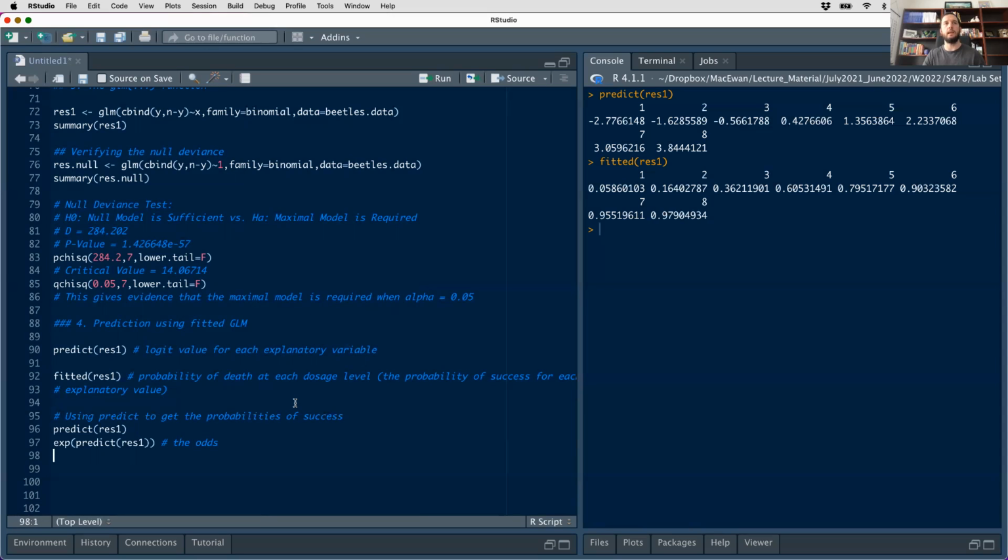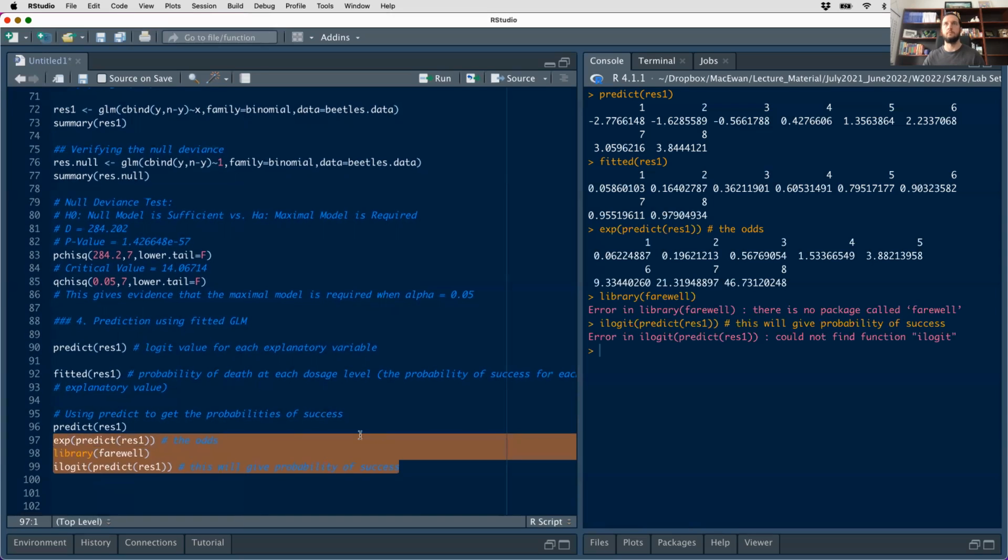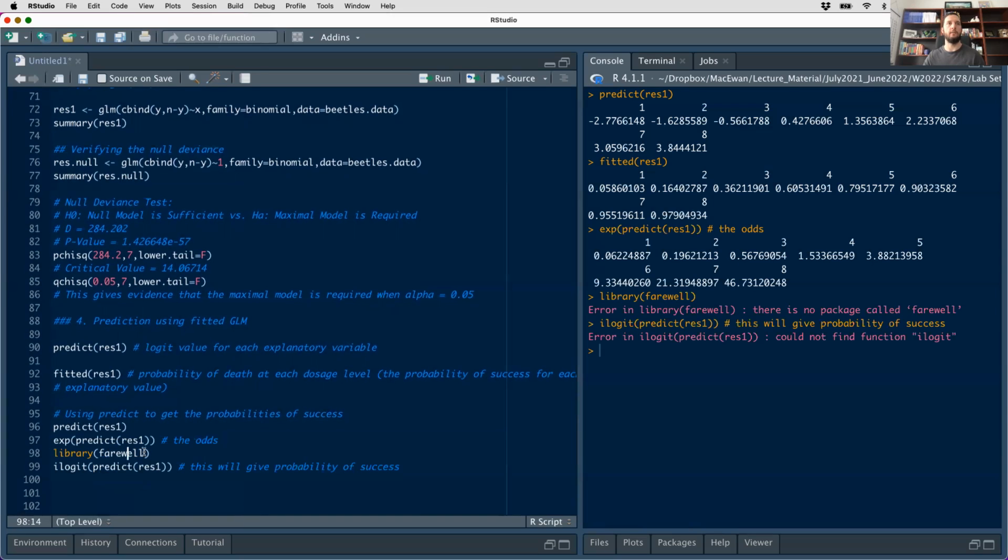And then we can take the inverse logit of the predict, and the inverse logit function is available in faraway. So if we go ilogit predict res1, okay, so now if we compare these, oh, faraway, not farewell.